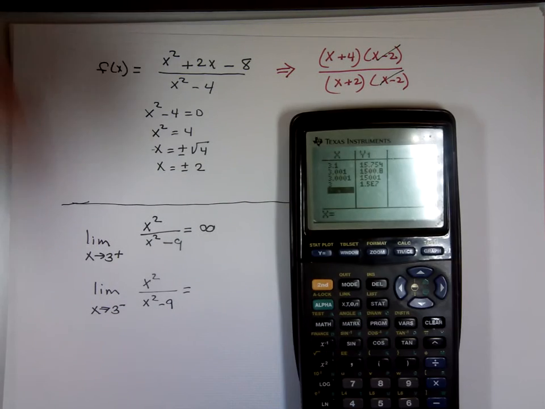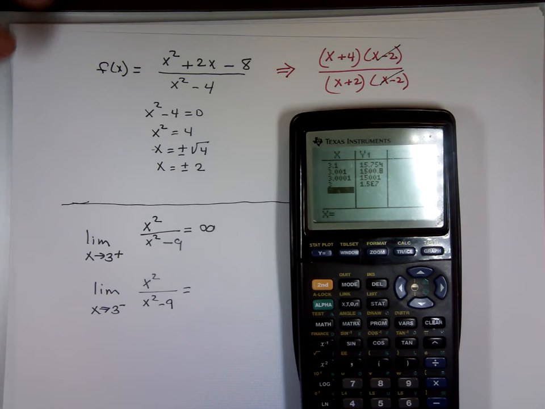Again, from the left side, I'm going to use 2.999. 3 nines. Negative 1,499. 2.9999. Is that the same number? Negative 149999. Can you see it?